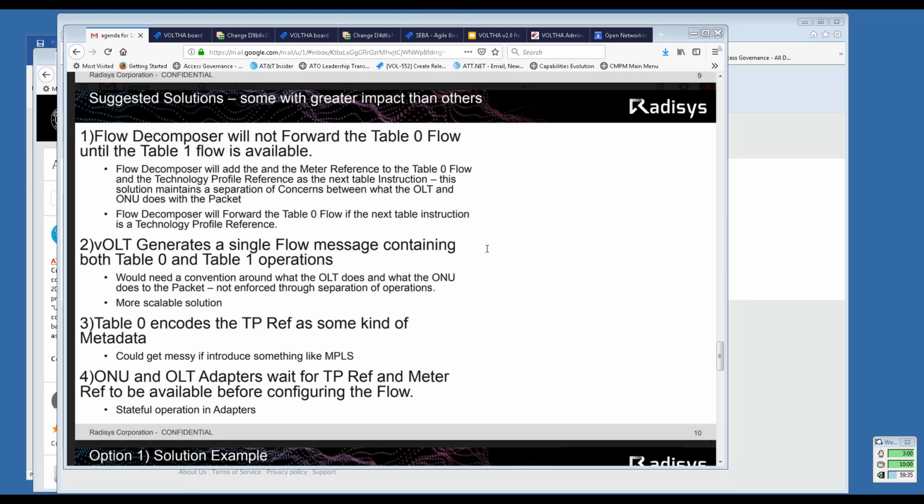It just seems like actually decomposing a single message is the ideal function for the flow decomposer to handle in the core, on a per device basis. What am I missing there?